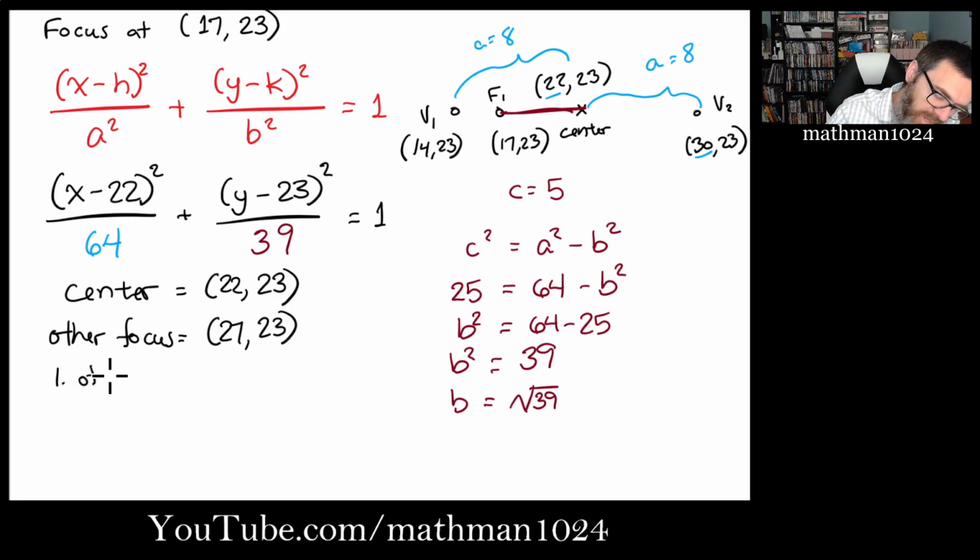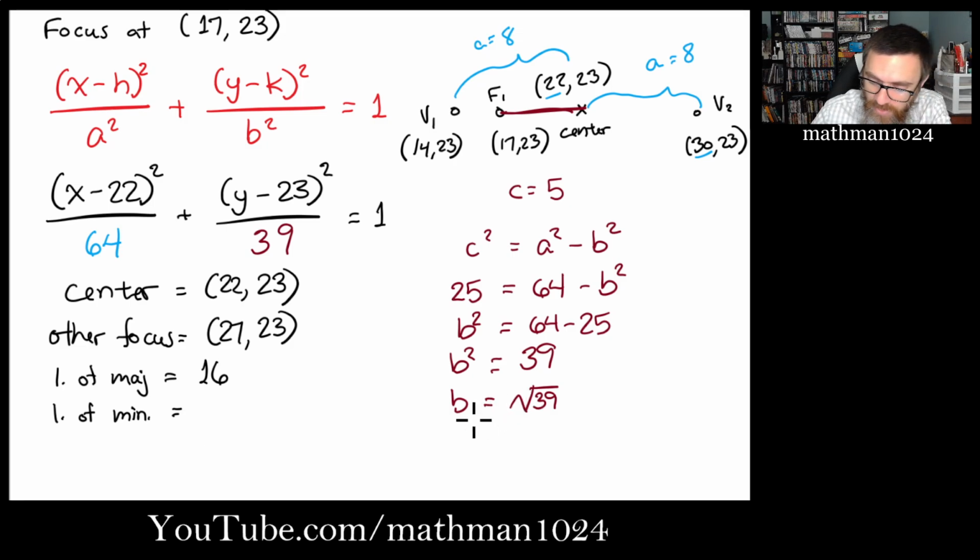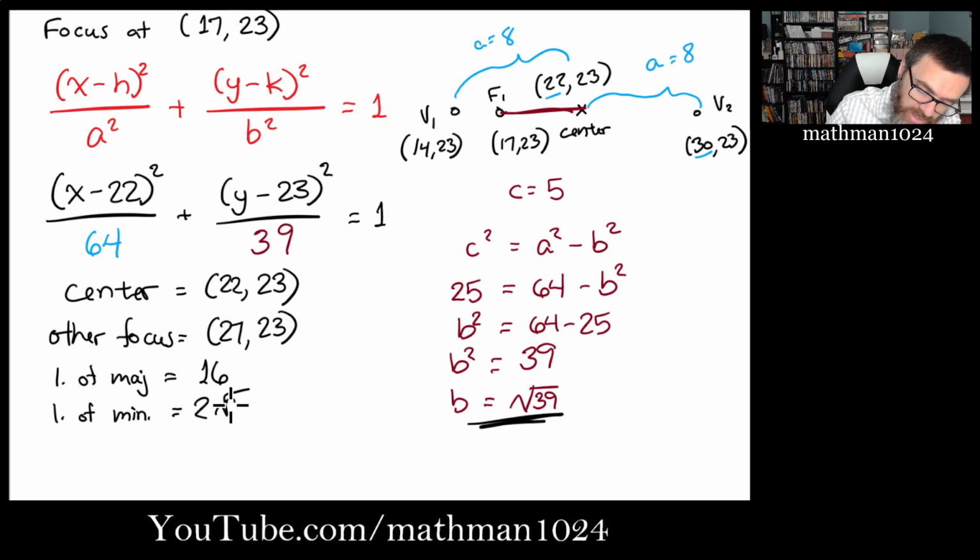The length of the major axis. Again, you can look here. We found that a was 8, so the length of the major axis, 8 times 2, is 16. The length of the minor axis, we found that b is the square root of 39. So double that is going to be how far you were stretched totally from top and bottom.